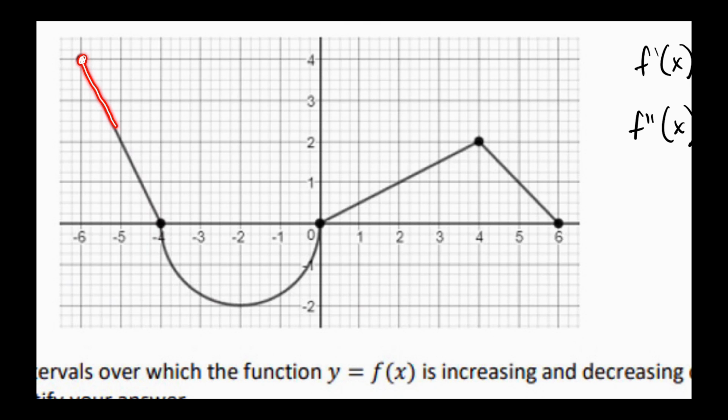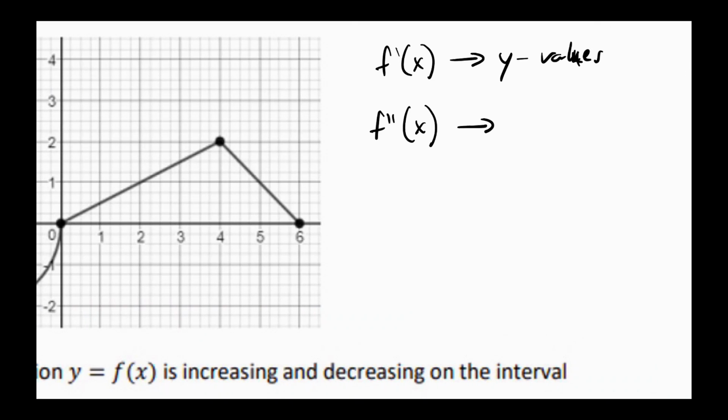So the derivative here is negative, right? So we're finding the derivatives of this guy here. We want to find where f double prime is 0.